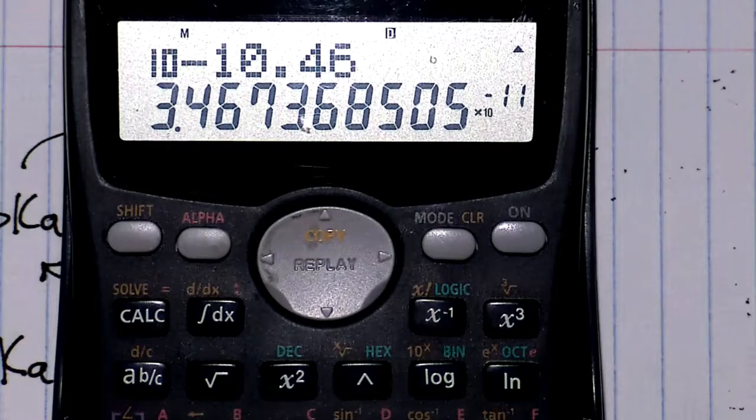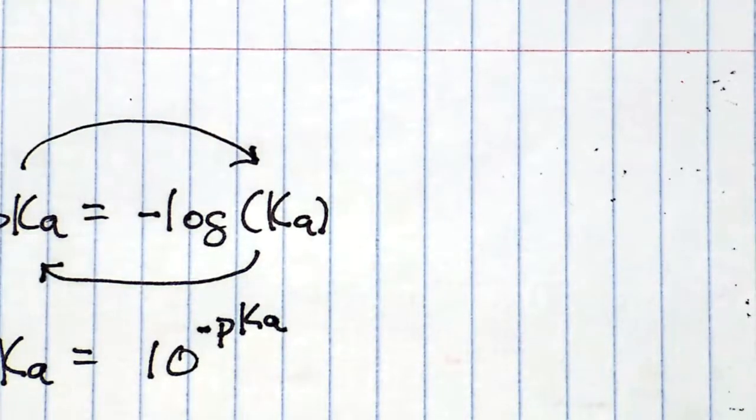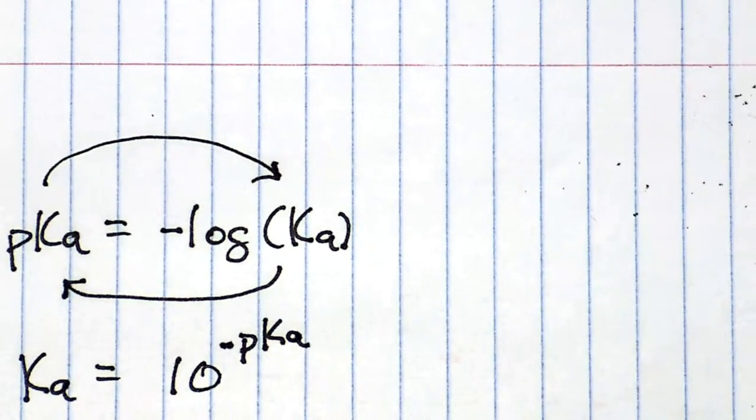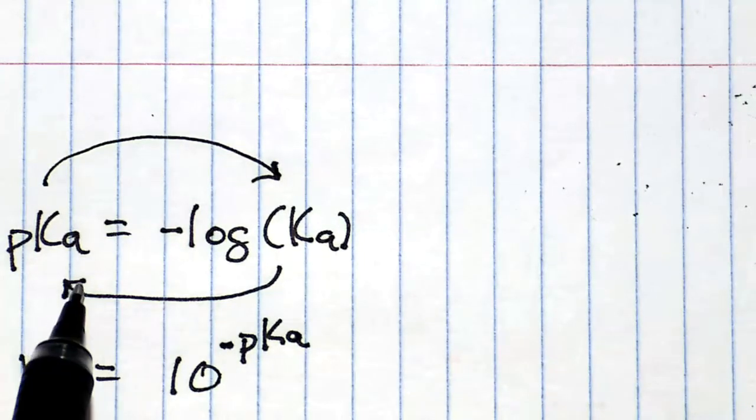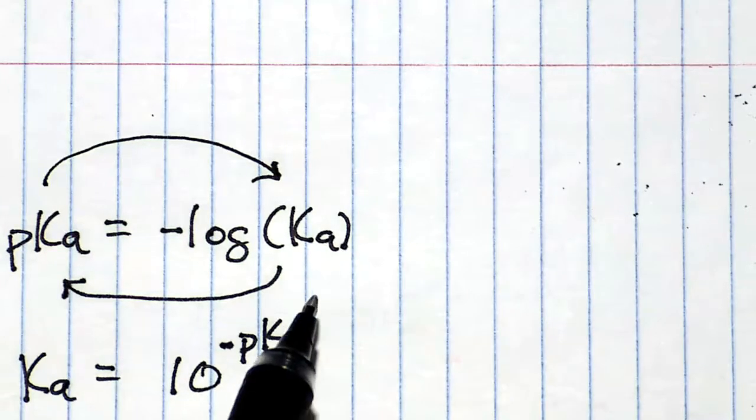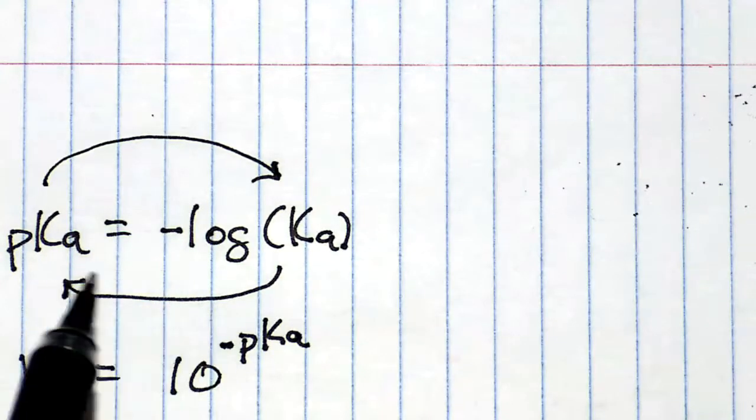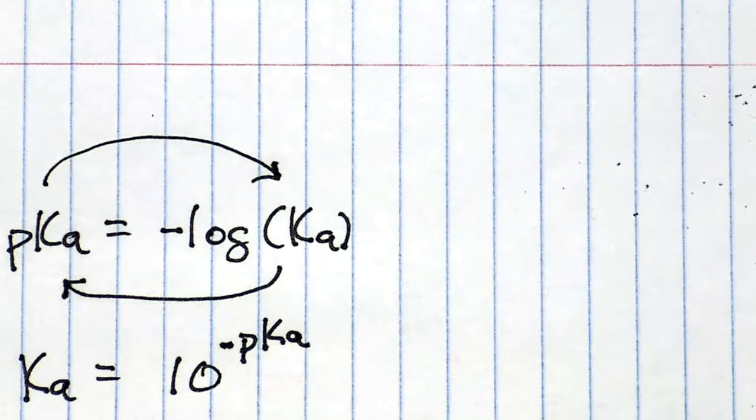If you want to go from pKa to Ka, you do 10 to the minus pKa. If you want to go from Ka to pKa, minus the log of Ka gives you the pKa. So just understand those relationships.